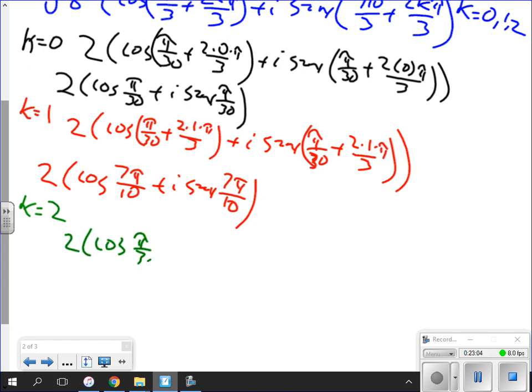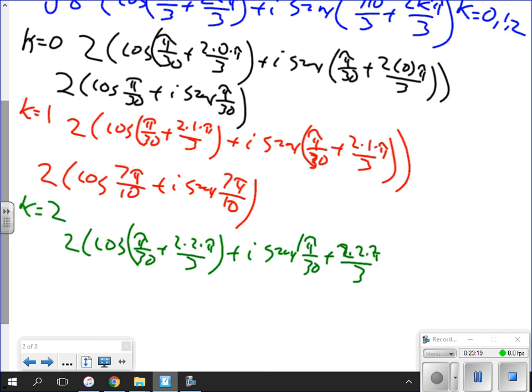Cosine of pi over 30 plus 2 times 2 times pi over 3, plus i sine of pi over 30 plus 2 times 2 times pi over 3, which means I have 2 times the cosine of 4 pi over 3, that's 41 pi over 30. Yeah, that's what I end up with, and you can't reduce that. 41 pi over 30 plus i sine of 41 pi over 30.